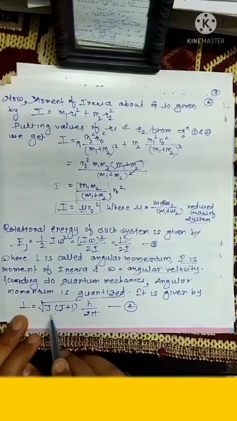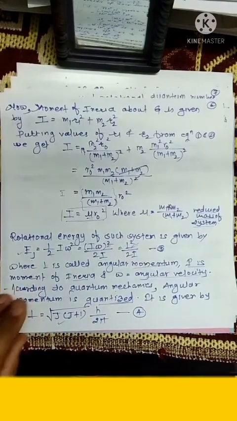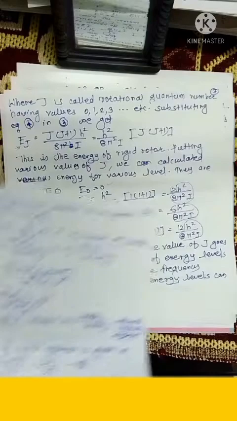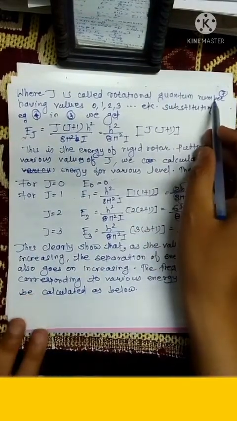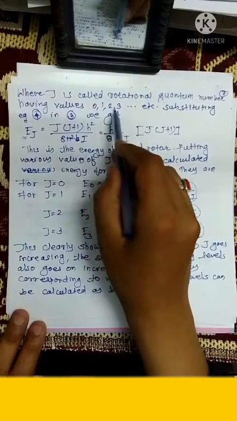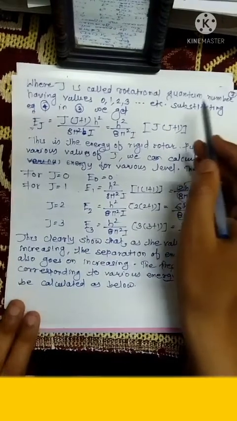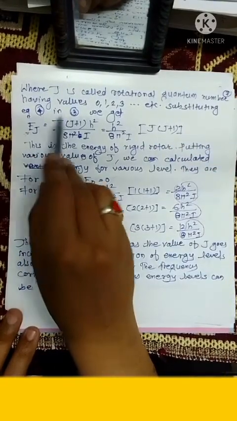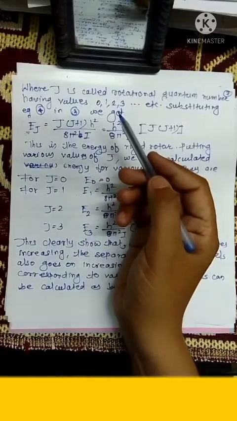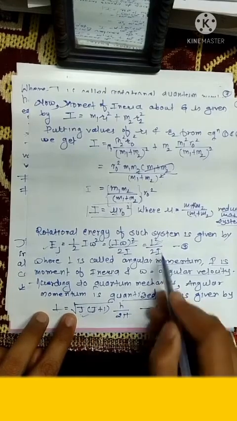This is the value of angular momentum according to quantum mechanics, where J is called the rotational quantum number having values 0, 1, 2, 3, etc. Substituting equation 4 in equation 3, we have to just put the value of L into this equation.